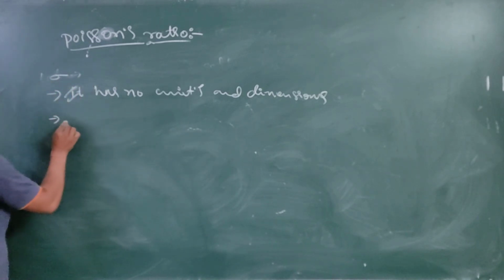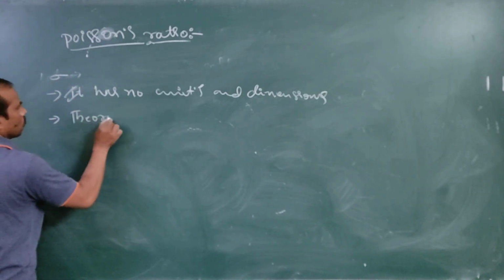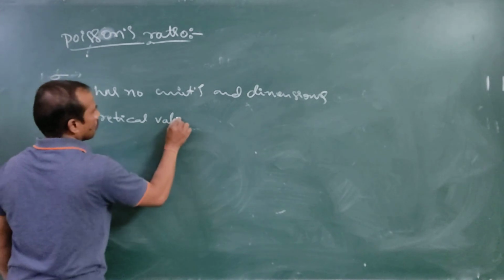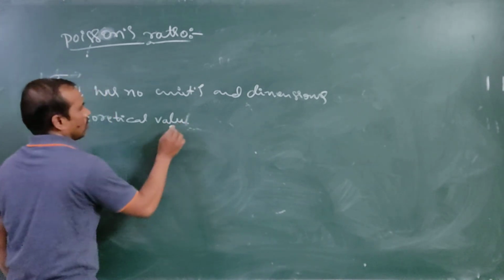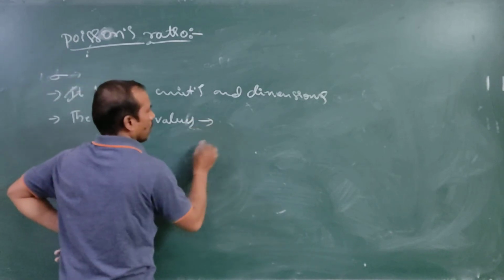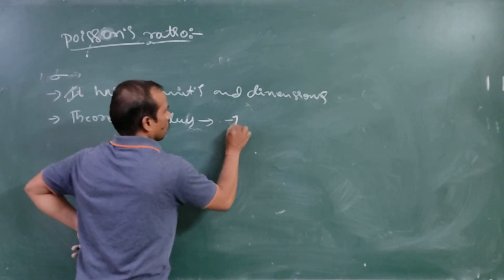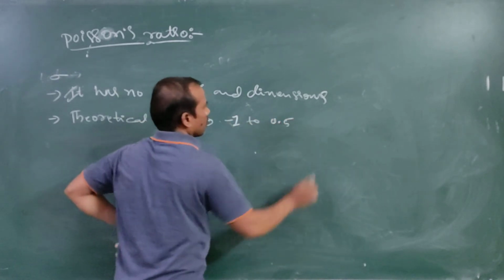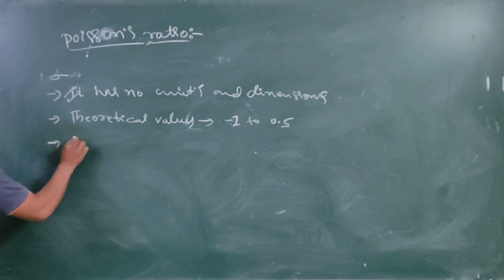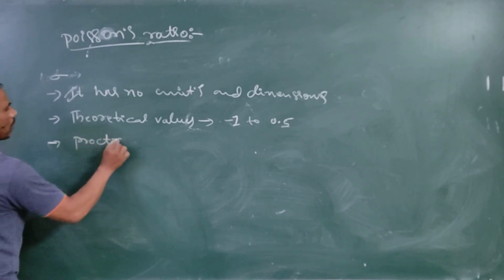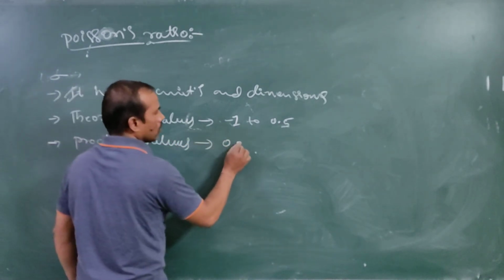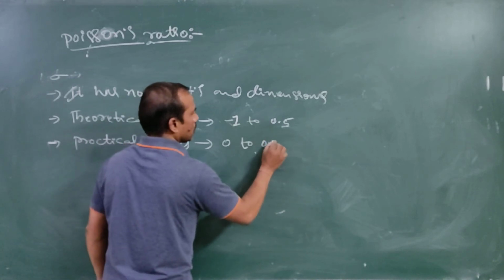Next point, theoretical values: here minus 1 to 0.5. Next, practical values: here 0 to 0.5.